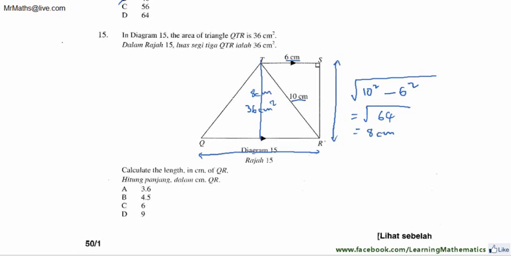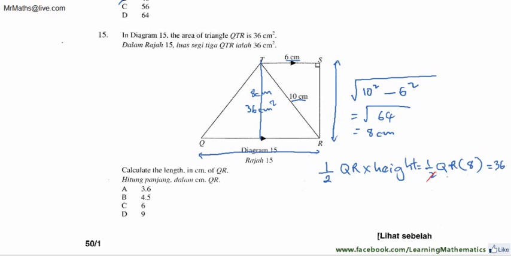So the area of the triangle is 36. The formula for the area of a triangle is half times base, in this case QR, which is the length that you want to find, times the height. So half times QR times 8 equals 36.